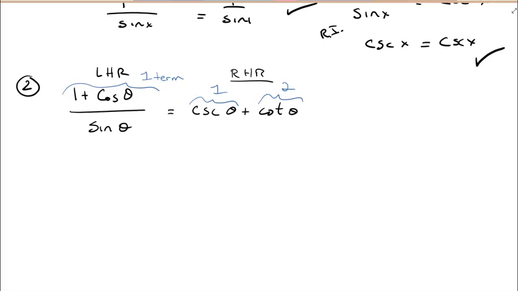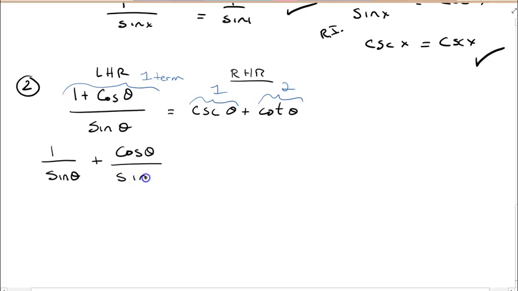Let's try it and let's see what happens. 1 and cosine theta are over this common denominator sine theta. When I break it up, it looks like 1 over sine theta plus cosine theta over sine theta. And I'm going to keep the right-hand side exactly the same for now.